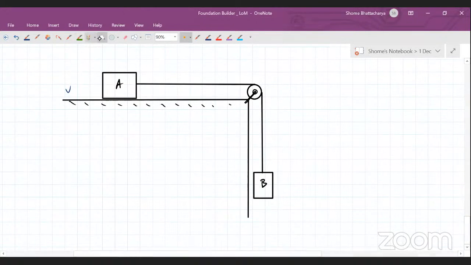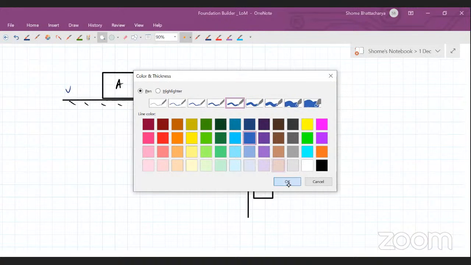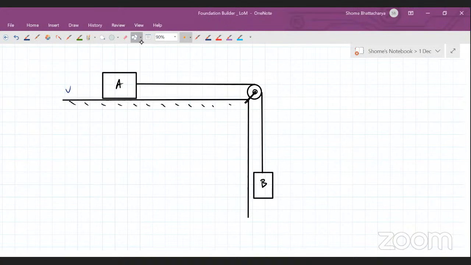So here let's understand, first of all, the tendency of motion. So this will have a horizontal acceleration, the same in magnitude as the vertical acceleration of this one. So that acceleration is a, let's say. And then there's a uniform magnitude of tension T acting everywhere in the thread.